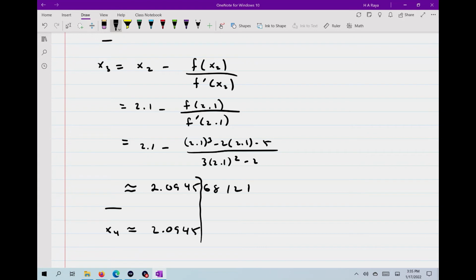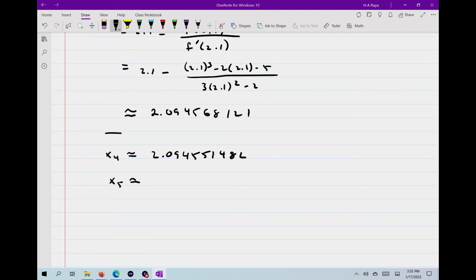Notice that these digits match up with my x3, but then I get 51482. There was a change between my x3 and my x4. As soon as I see that there's a change, I'm inclined to consider doing another iteration to see if I can get an even better approximation.